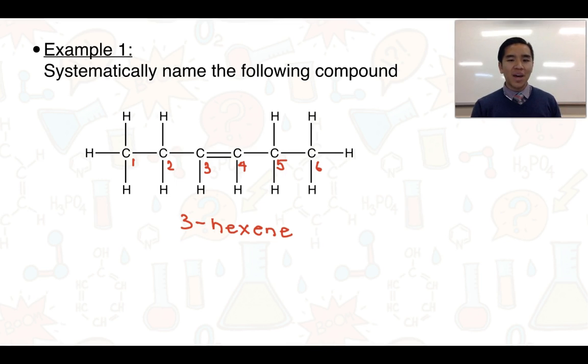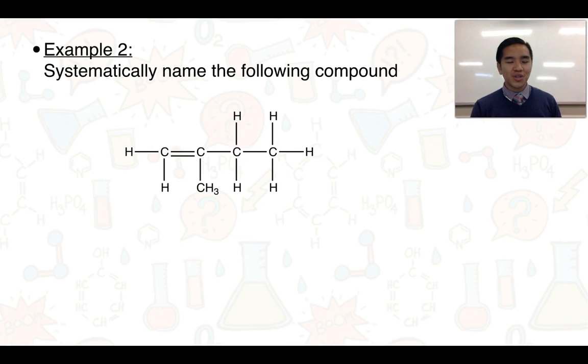An alternative way of writing this is to put the 3 in between the hex and the ene, and so this would be pronounced as hex-3-ene. Either of these names are deemed correct. So it's important to be familiar with both of these representations because you might be expected to know how to draw from both of these names.